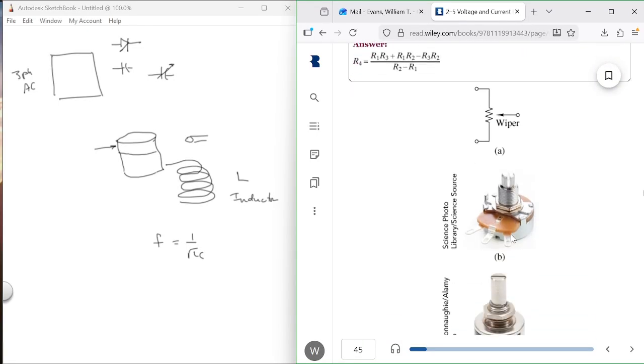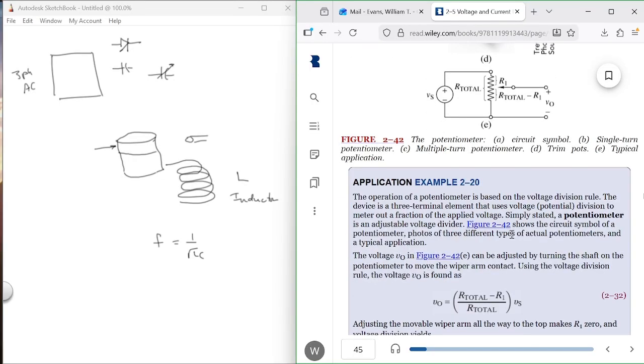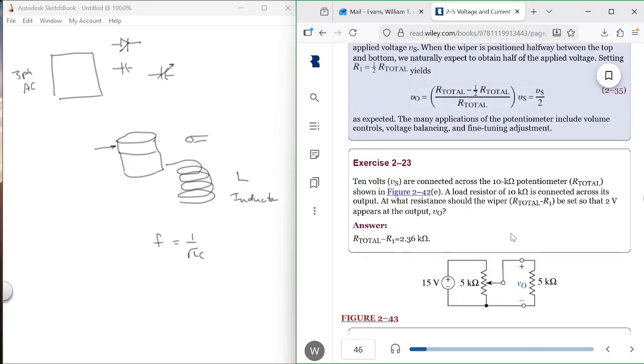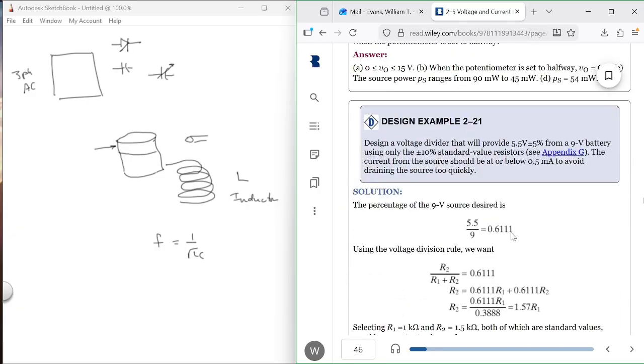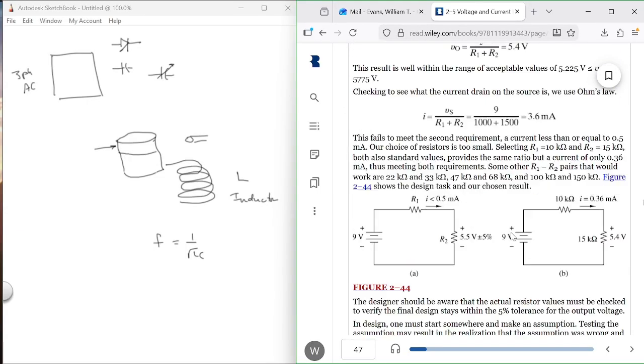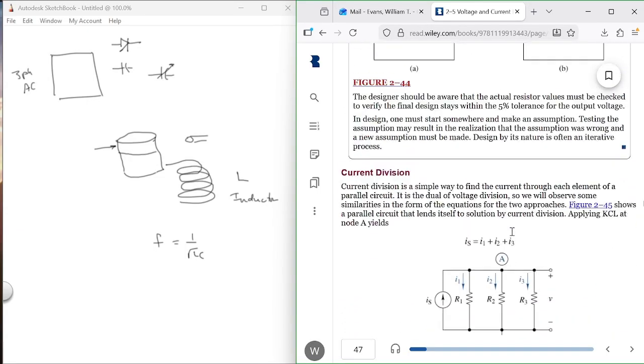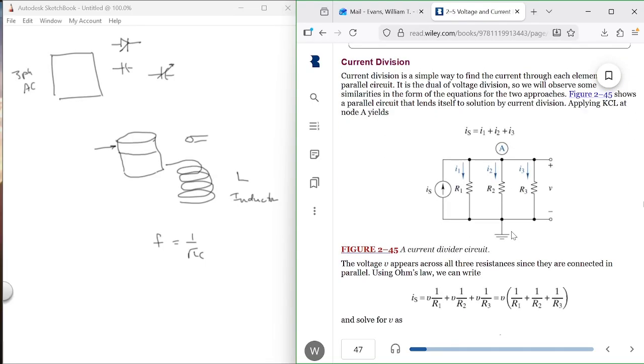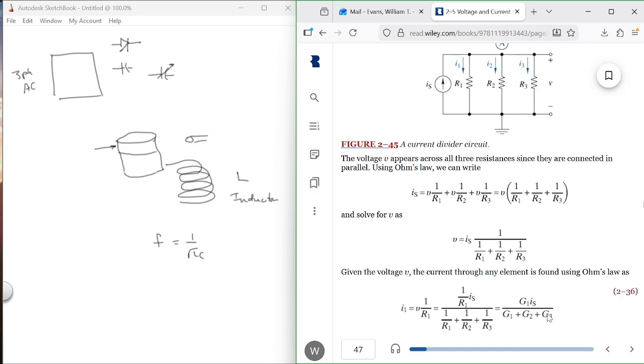Okay, now current divider is not a nice animal. Right there is the equation for current divider. Right there it is. Probably don't remember it because you hardly ever use it. And I won't use it if I can help it.